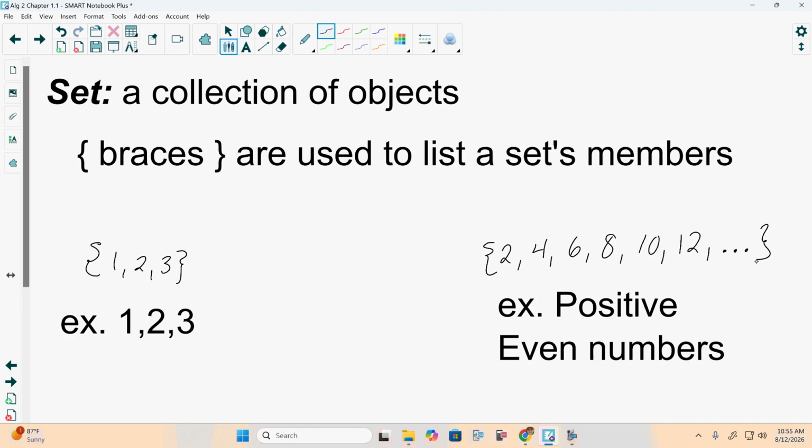Or dot, dot, dot. We're saying we have established a pattern. There's no way to list all of these, but I have set a pattern. We're saying even numbers. 2, 4, 6, 8, 10, 12, dot, dot, dot. This pattern is continuing in this way. So with sets, if we can define a pattern, we give it the pattern, we get the dot, dot, dot, it continues on. That's a set.